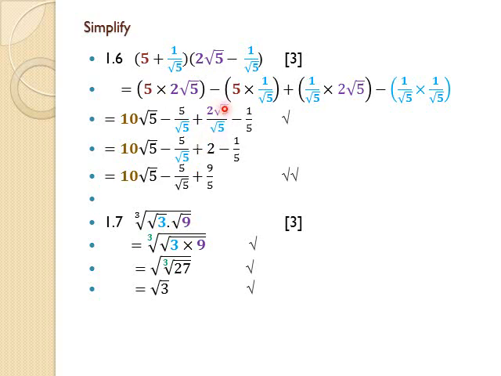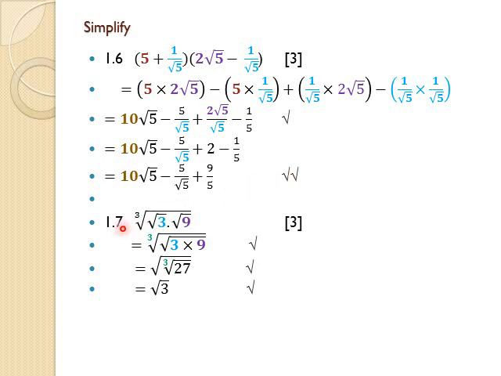Square root 5 and square root 5 cancel, so I'm left with 2 minus 1 over 5. So 10 square root 5, there's no other term like it, so therefore it stays 10 square root 5 minus 5 square root 5. 2 minus 1 over 5, or 10 over 5 minus 1 over 5 simply gives me 9 over 5. So 1 mark for correct multiplication and 2 marks for my final answer.